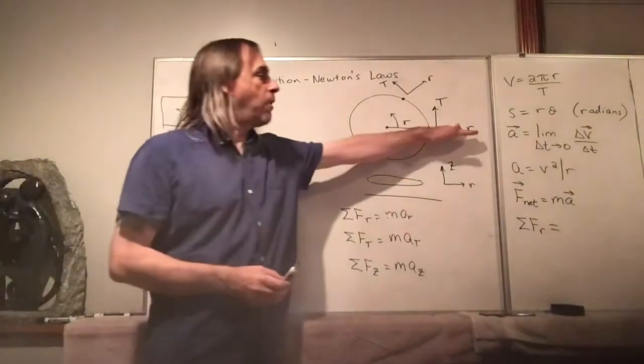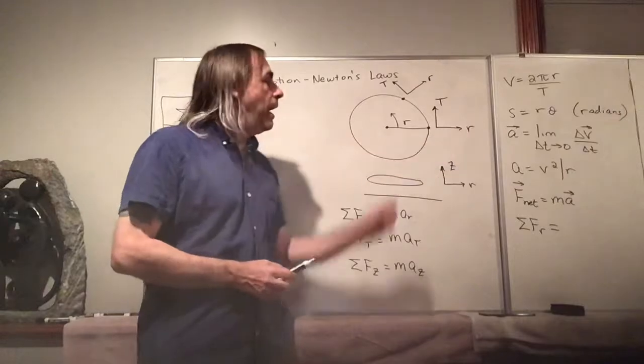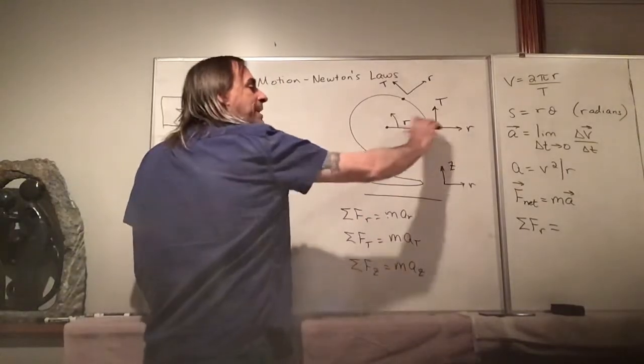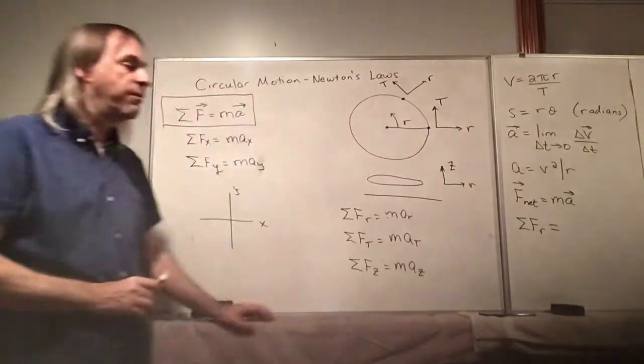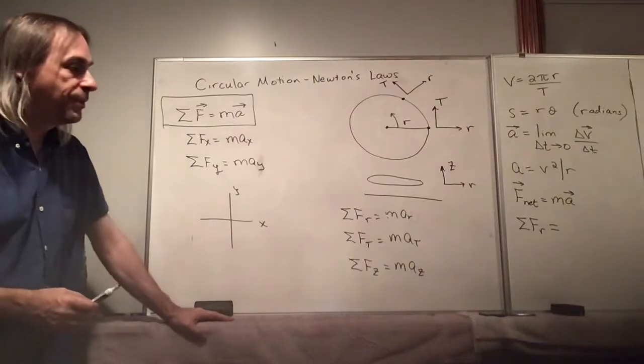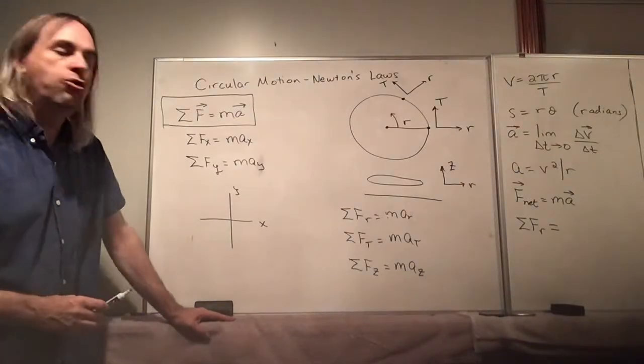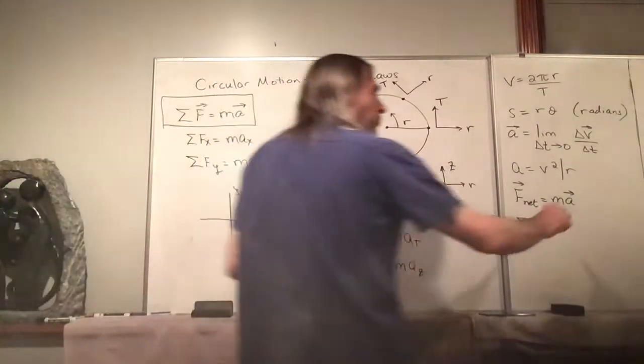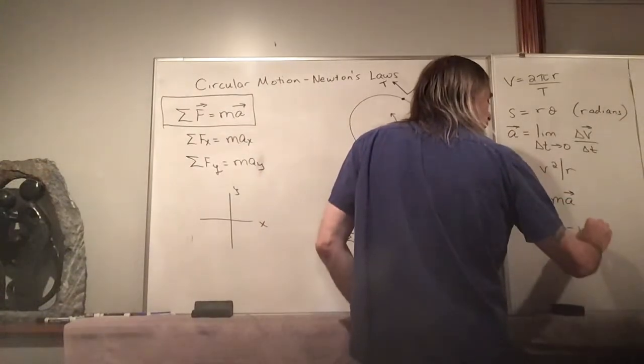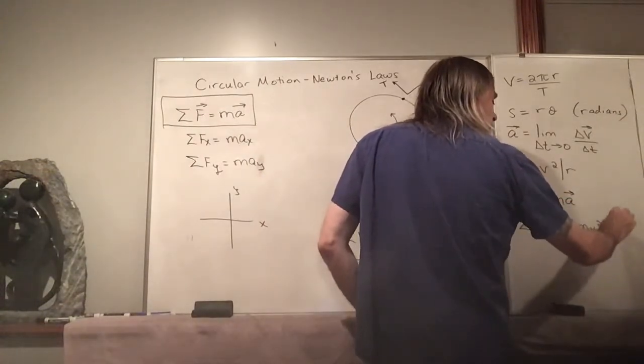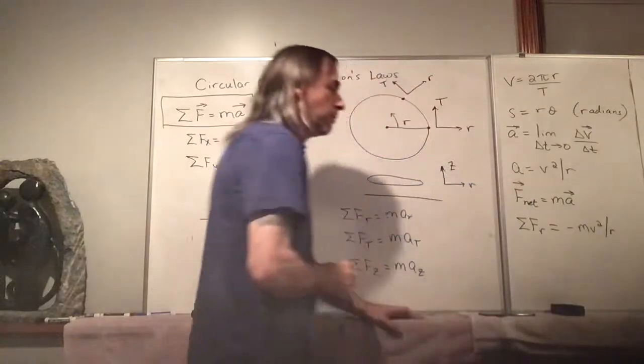But again, the radial direction is outwards. And remember, the acceleration is always inwards with a magnitude of v squared over r. So for circular motion, the net force in the radial direction is always minus mv squared over r.